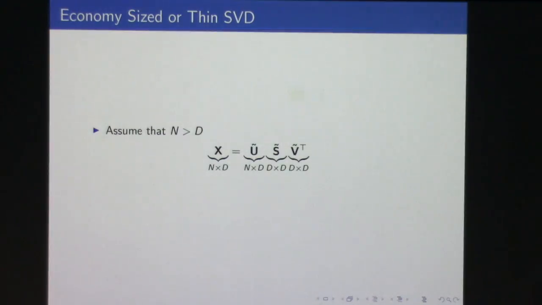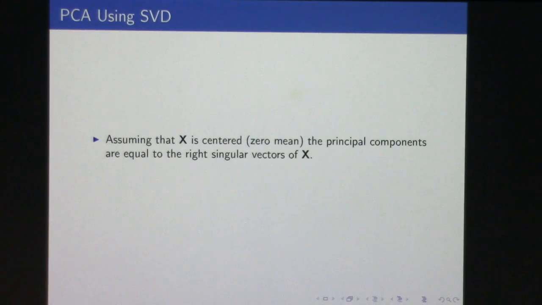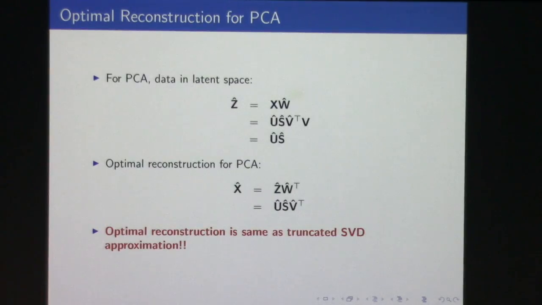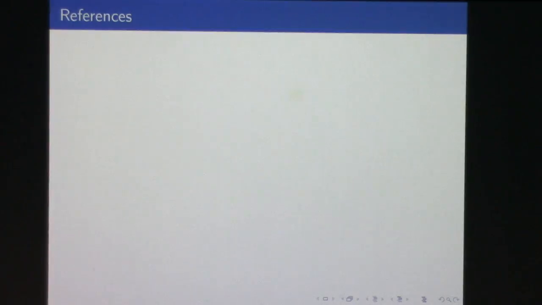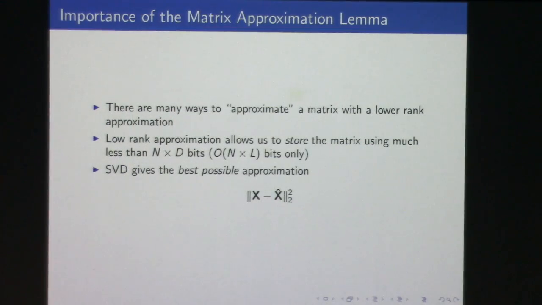So there's a theorem. Sorry, things are out of order. There's a theorem called Eckart-Young-Mirsky, also known as the matrix approximation lemma, which says that if you decompose your matrix using SVD and reconstruct your matrix with the lower rank approximation, then the error that you get will be minimum among all possible low rank approximations.